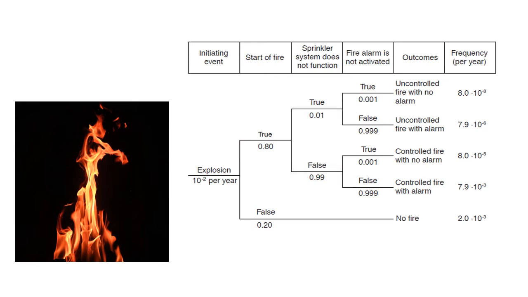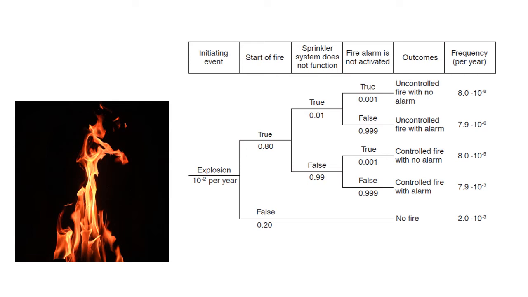If the sprinkler system does not work, then we need to look at whether the fire alarm gets activated or not. So here also, depending on the fire alarm activation, we can have a controlled fire with no alarm or a controlled fire with alarm.